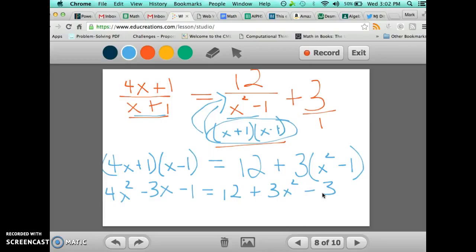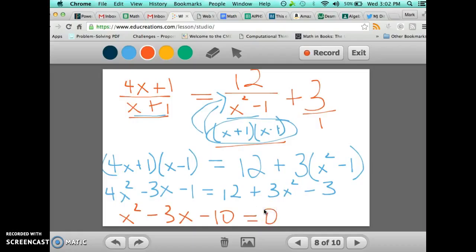Subtract 3x squared from both sides, and we have just x squared. No x over on that other side, so we'll just keep the minus 3x. And the minus 1 here will be joined by minus 12 plus 3. So we've got really 9 on this side, so minus the 9 on both sides, we have minus 10 equals 0.